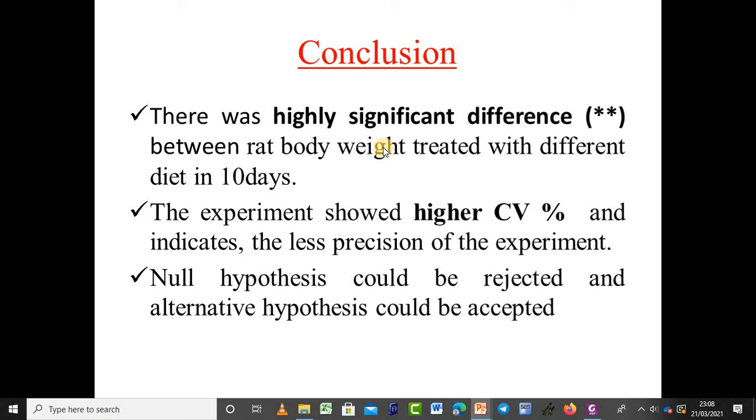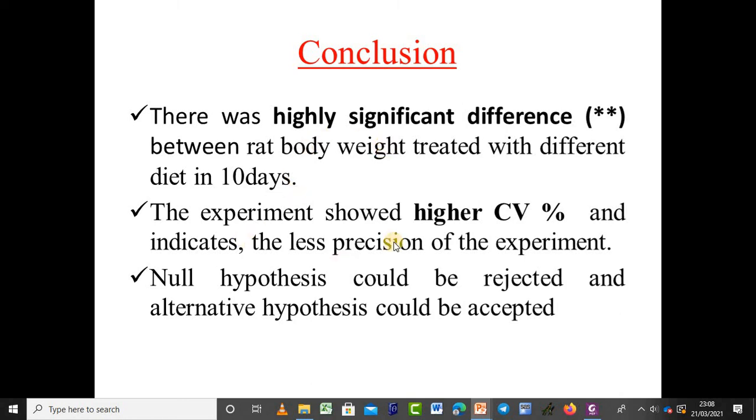But in this case, which treatment or diet has the larger value and which diet has the lower value? This information is not obtained, as stated earlier, in the ANOVA table. Rather, it tells us the presence or absence of significant difference between the treatments.